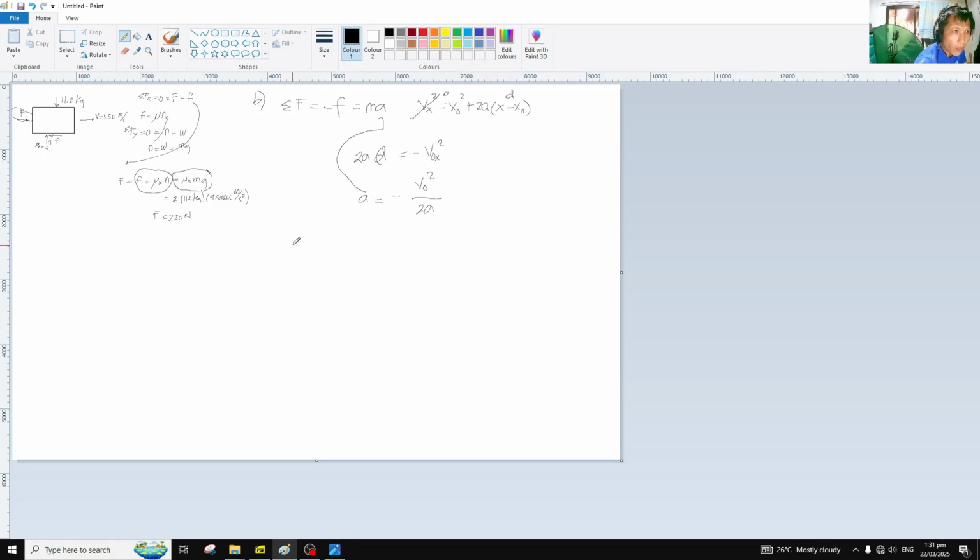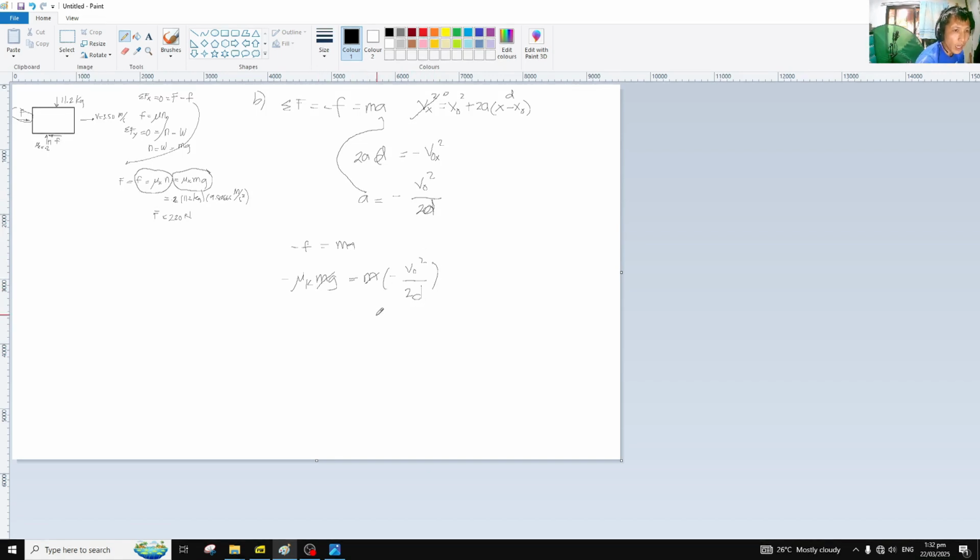So you can have now negative F is equal to ma. Then I can substitute here negative mu k mg is equal to ma, and that is m. So you're talking about the same box, so that would cancel out, and then you have negative Vo squared all over 2d, and then you can solve the d here.